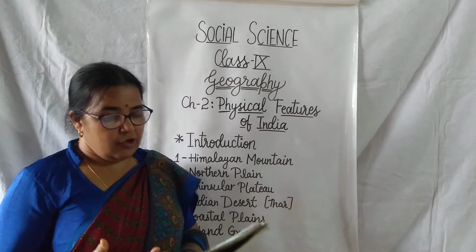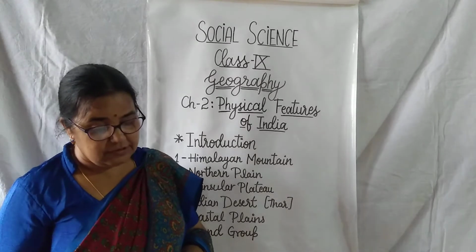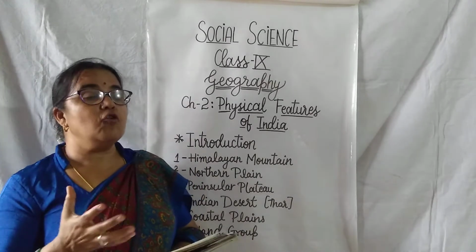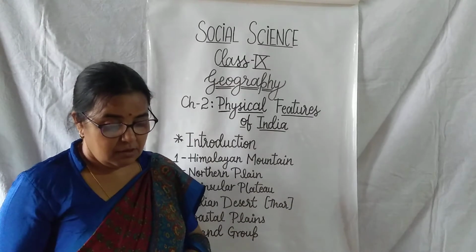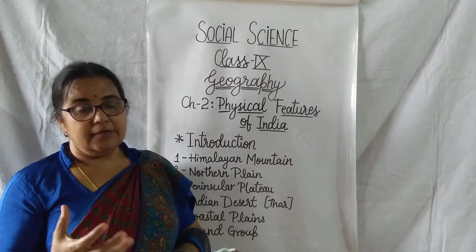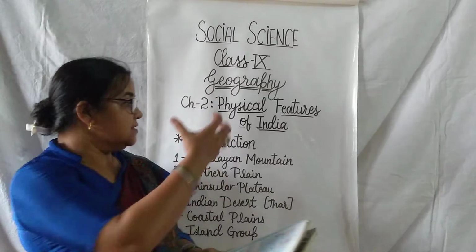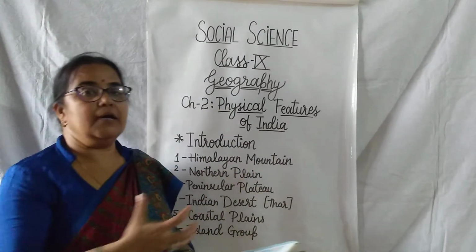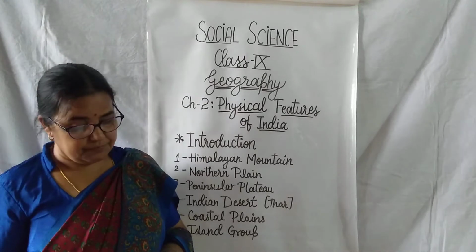So again, what your book is saying is that the size and position of continents take millions of years to change, and due to their movements, we can see the present forms of our Earth, and India is a part of the Earth.